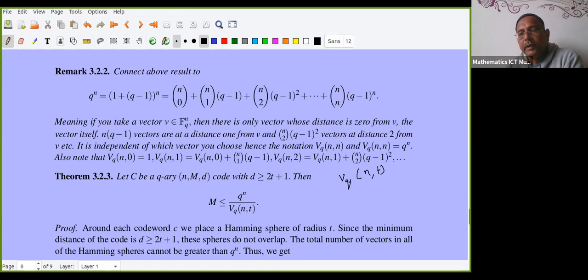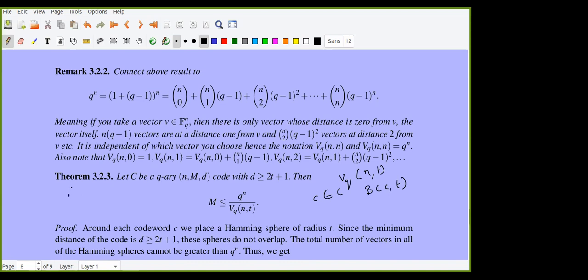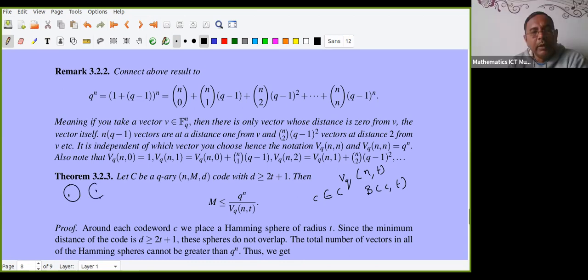It is a very simple case. Now I take one codeword c, c belongs to capital C. Now I'm taking this ball of radius t. Then what is the volume of that one? That is V_q(n,t). Are you following? I take one codeword and put a ball around it, another codeword and a ball around it, another codeword and a ball around it.